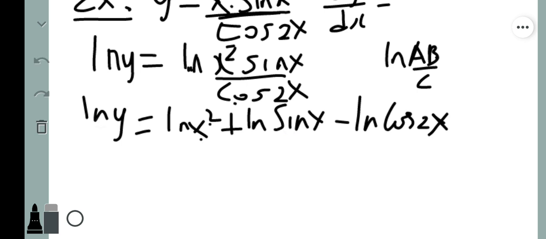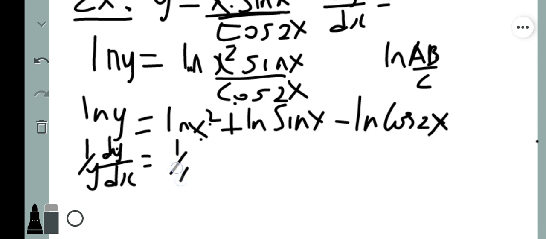Differentiating y, we have 1 over y times dy dx, equals ln x squared. Here, differentiation of ln x squared will be 1 over x squared times differentiation of x squared, which will give me 2x.